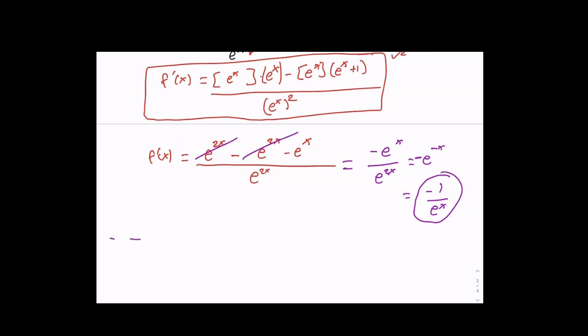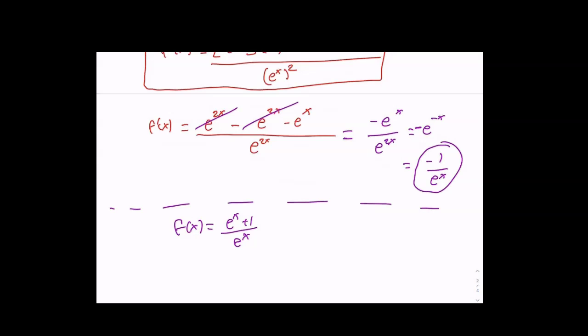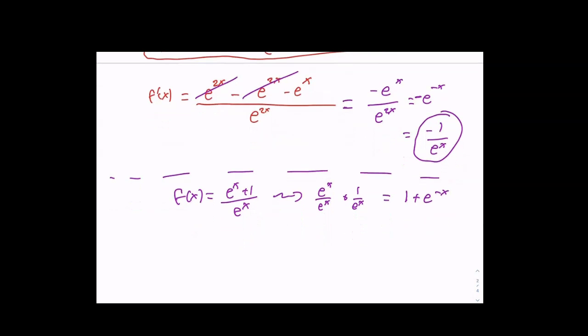Now, I had noted that I said f of x was equal to e to the x plus 1 over e to the x. We could have simplified this to e to the x over e to the x plus 1 over e to the x, which is 1 plus e to the negative x. I could have done it this way.